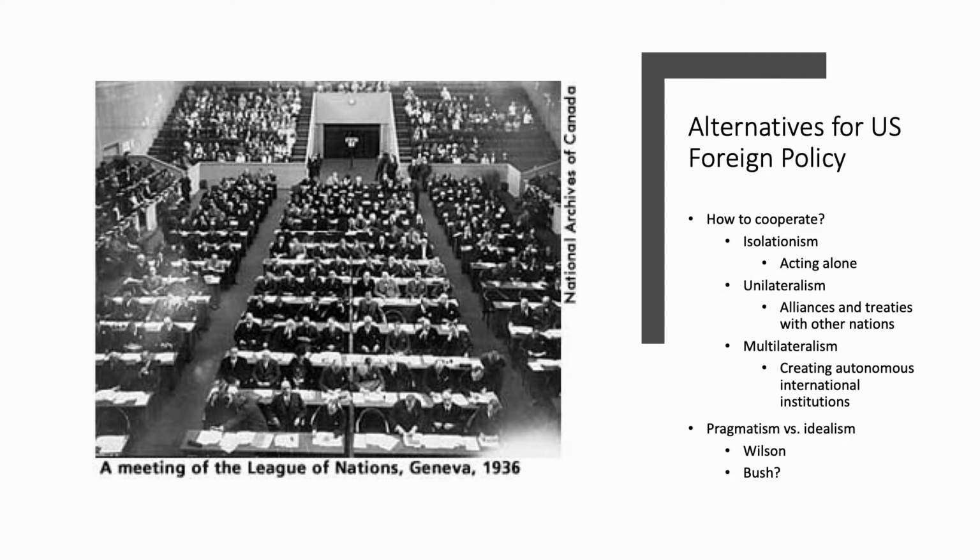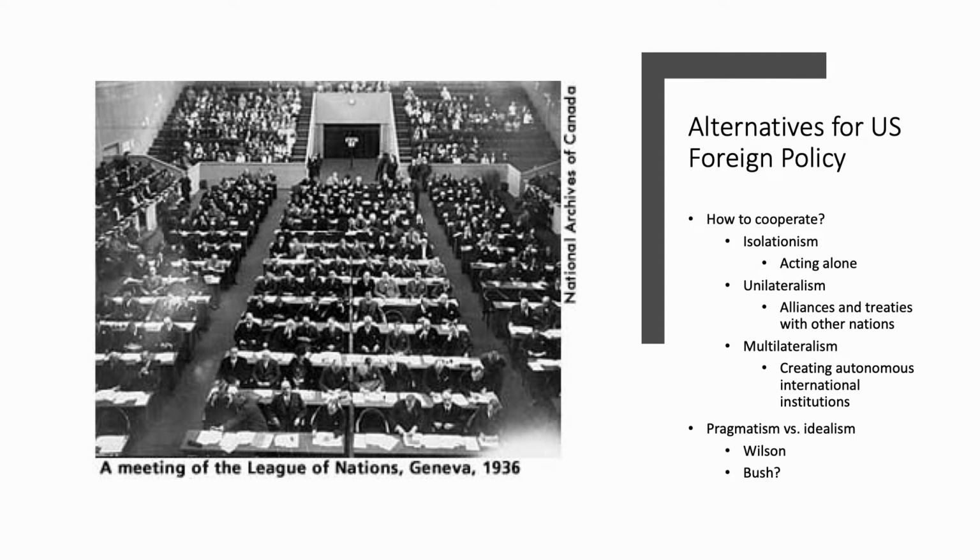And other presidents, I think, such as the first President Bush, very pragmatic problem solvers, saying, well, we're not trying to change the world. We just want to have the best outcomes in the short run. How visionary are you? That's another issue as well. But the main thing I want to focus on is these alternatives: isolationism, unilateralism, and multilateralism.